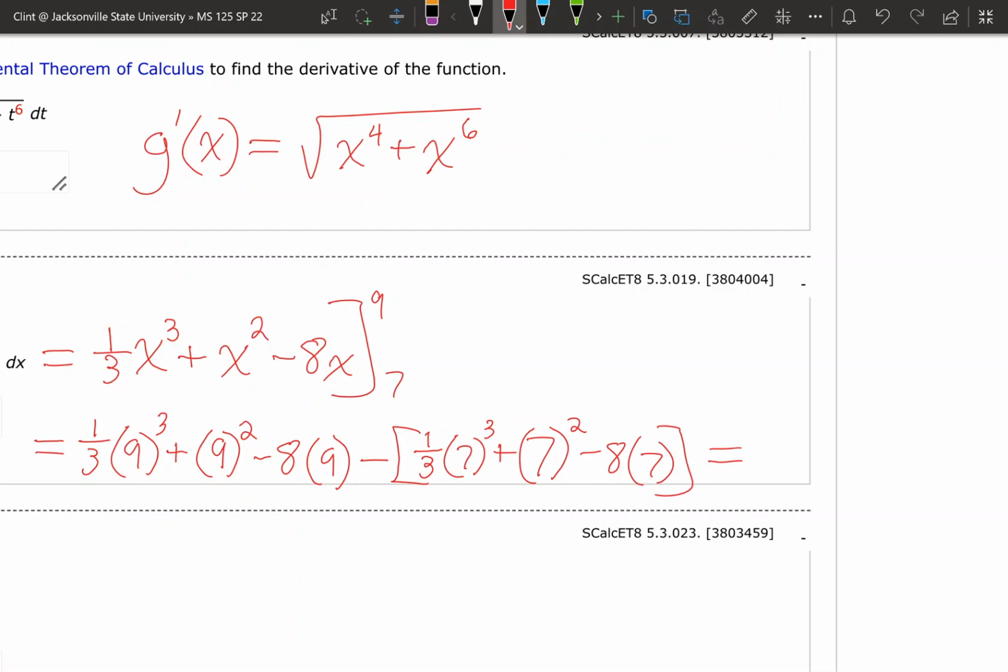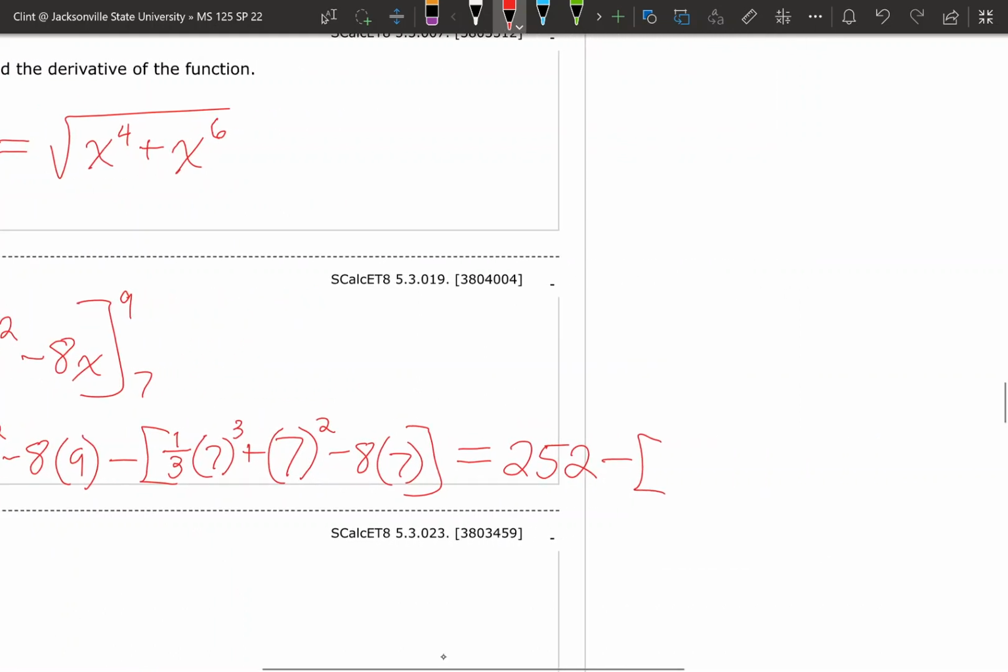Let's see, so 9 cubed times 1/3 plus 81 minus 72. I get 252 from those first 3 terms, and then minus 7 cubed, 343 times 1/3 plus 49 minus 56.